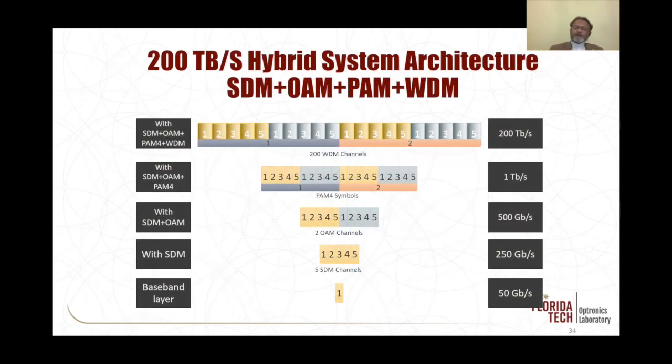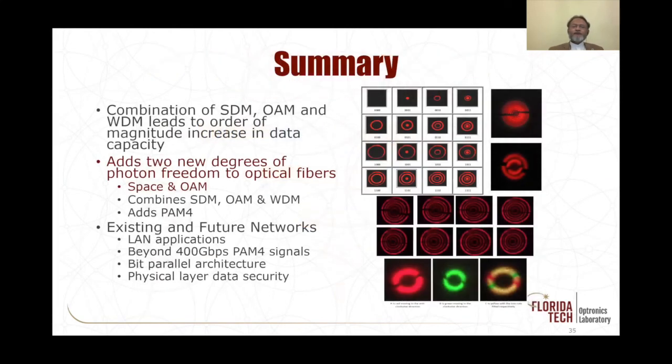Alternatively, if I take a 50 gigabit per second channel, add 5 SDM channels, 250 gigabit, add 2 OAM channels, 500 gigabit, I will get 1 terabit per second after PAM4, 2 bits per symbol. And then if I have 200 WDM channels, I'm looking at a 200 terabit per second optical communication architecture.